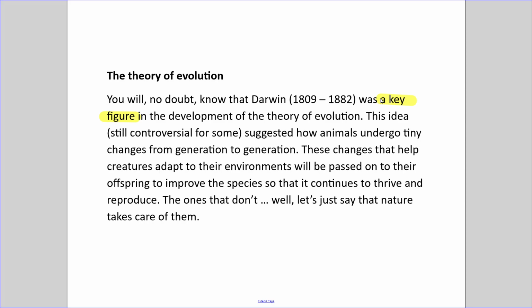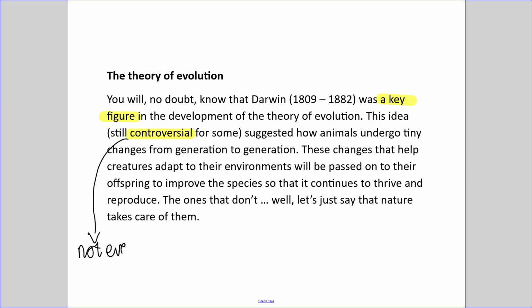This idea, which is still controversial for some, suggested how animals undergo tiny changes from generation to generation. So if it's controversial, have a think what that might mean. Does everybody agree with it? I'm going to make a little note here, to say that not everybody agrees.